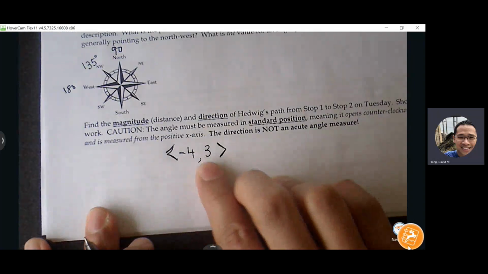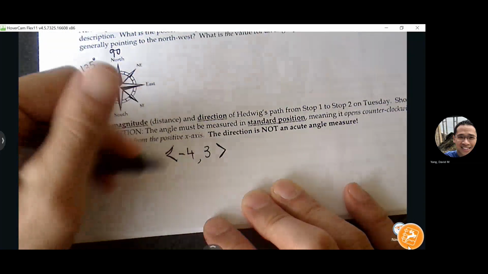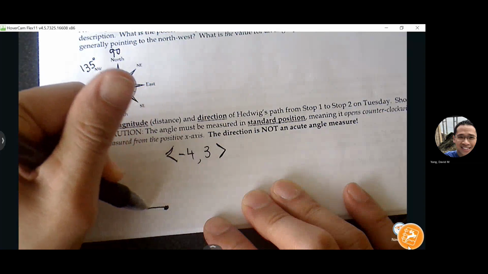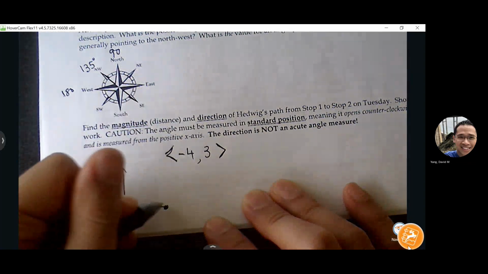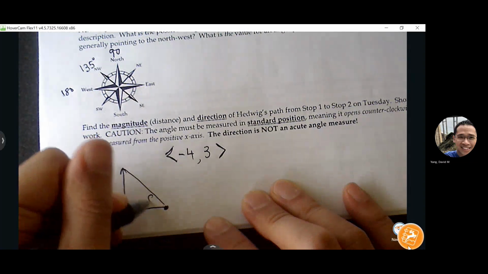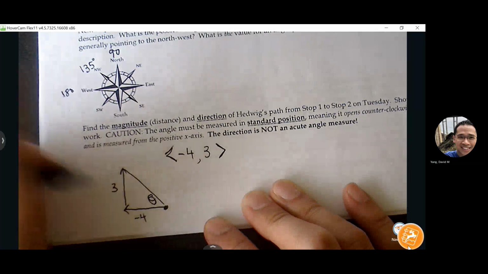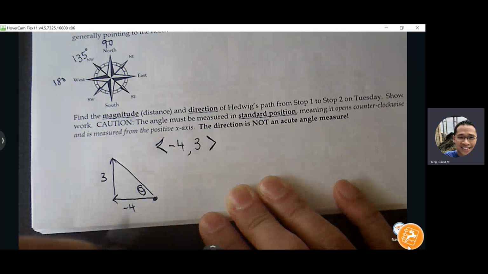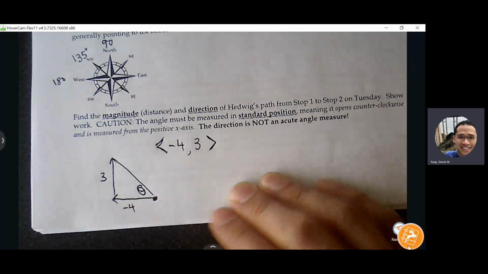And so I know that in component form, 4 left, 3 up. Right? I can find the magnitude, I can find the direction, but second quadrant, I had to make an adjustment. I had to involve 180.